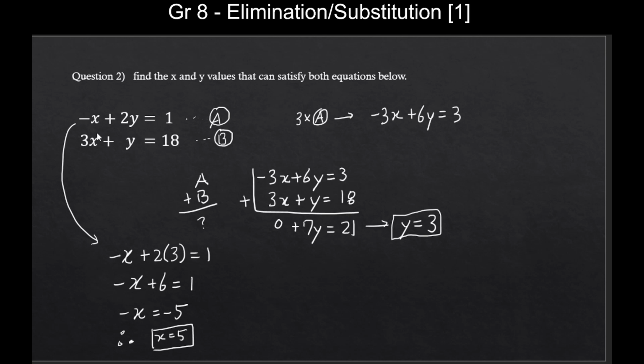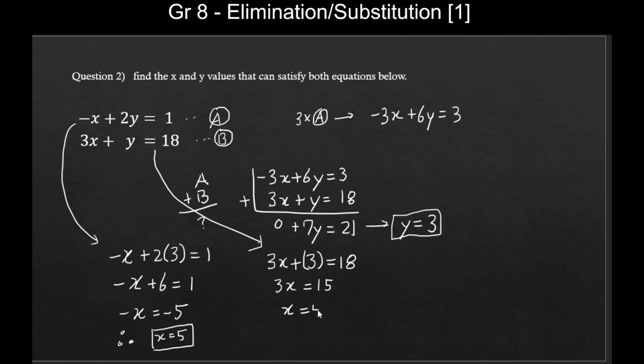Do you want to try with the second equation? Yeah, sure. Let's do that. 3x plus 3 this time, because y is equal to 3, equals 18. That means 3x is equal to 15 because we moved 3 to the other side, which will become minus 3.